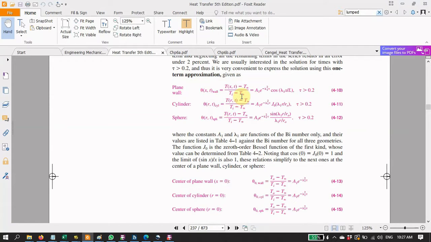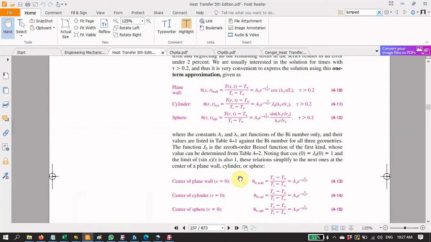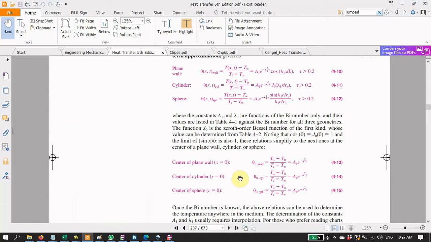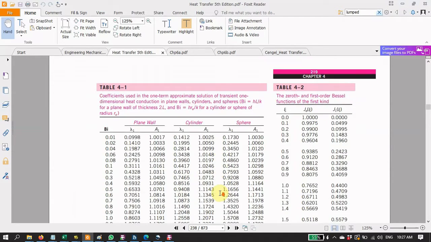That is not included in this book. But that derivation is not mainly used to solve the problem. What you need is just the plot and the table in order to have the solution of the problem.